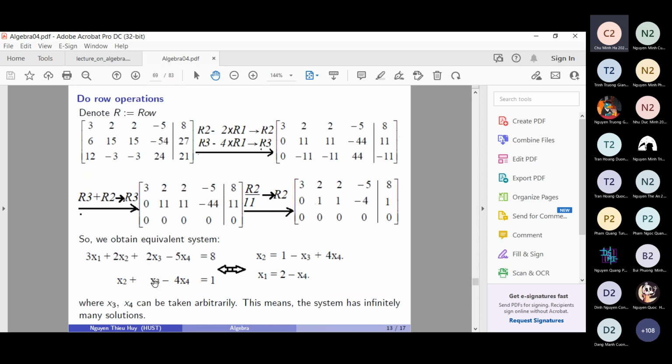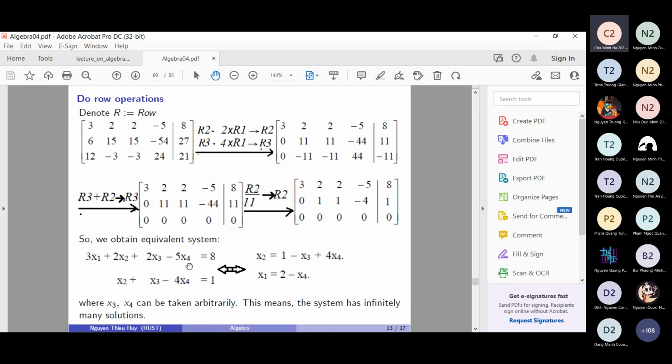So look again at what we did in the last example. We choose x3, x4 as the free variables, because these two variables are not leading in any equation here. So the leading unknowns are now x1 and x2. We have to keep these leading terms, and then we turn x3, x4 to the other hand side and solve x1, x2 with respect to x3, x4.